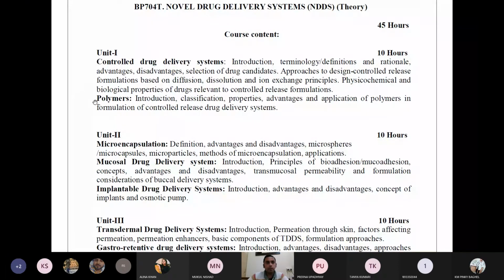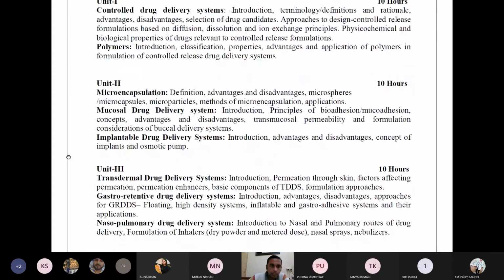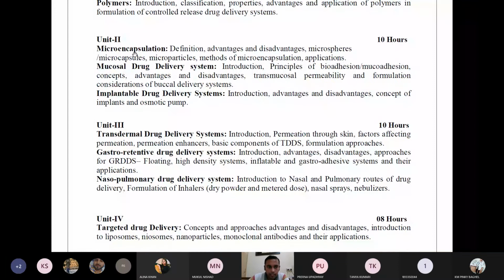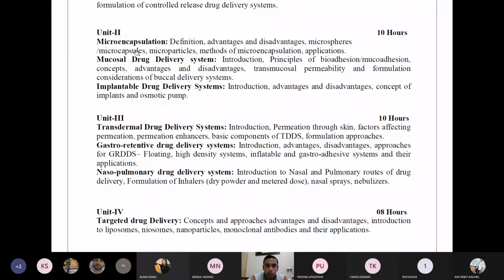Then in Unit 2, I will tell you about microencapsulation. All of you are aware what a capsule is. So in this topic, we are going to learn about microencapsulation. In micro form, we are going to do something. Then mucosal drug delivery system, we shall also see how bioadhesion and other things are being done. Very important, implantable.